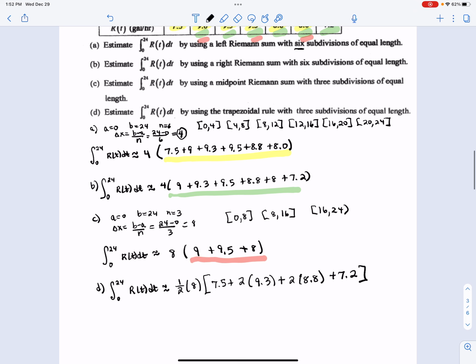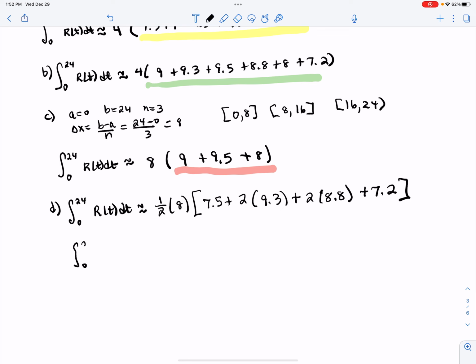And then what does this all mean? Well, if we analyze it, this is gallons per hour times hours, which gives us gallons.